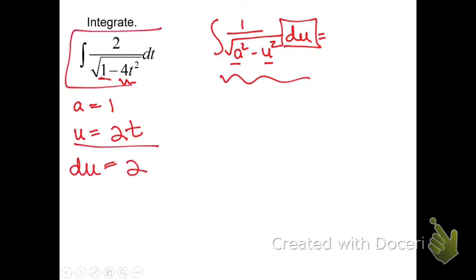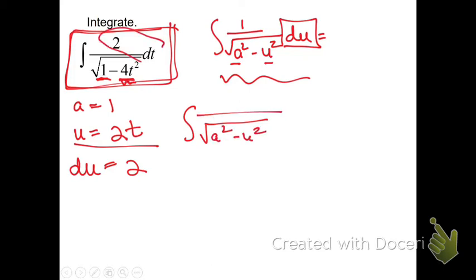Now you're going to rewrite this, at least in your mind, if not on the paper. You can get to the point where you can do it in your head, but you should rewrite all of this in terms of u's and du's. So we have the integral of, on the bottom, the square root of a squared minus u squared.